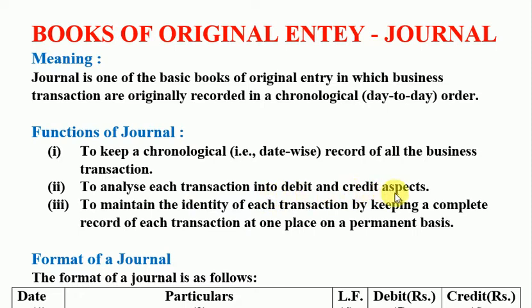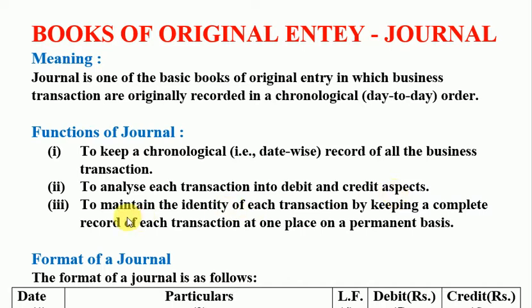As we had already discussed, each and every transaction has two aspects. So with the help of this journal, we can analyze which one is the debit aspect and which one is the credit aspect. Got it?